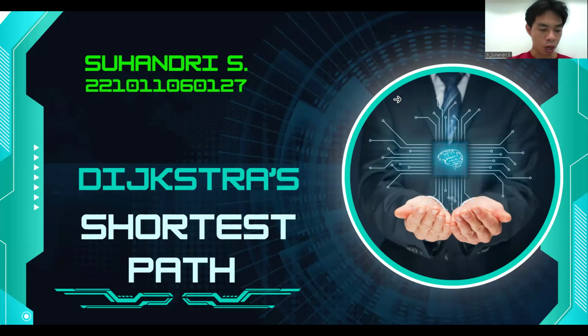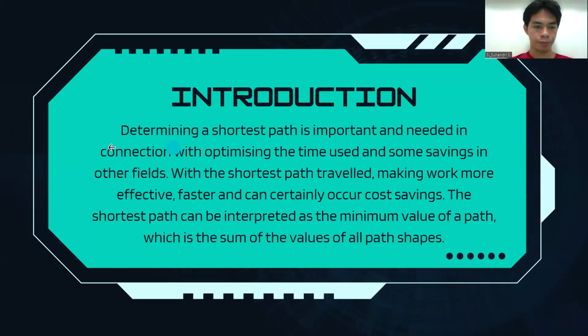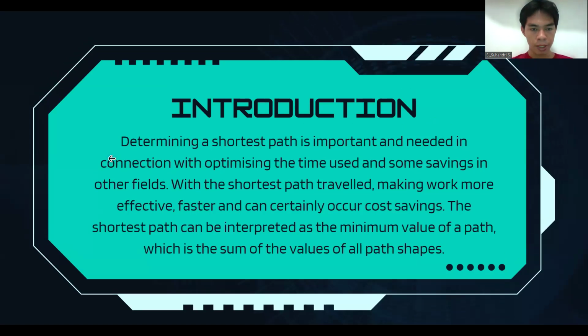In this video, I will talk about the Dijkstra shortest path. Introduction: determining a shortest path is important and needed in connection with optimizing time use and cost savings in other fields.